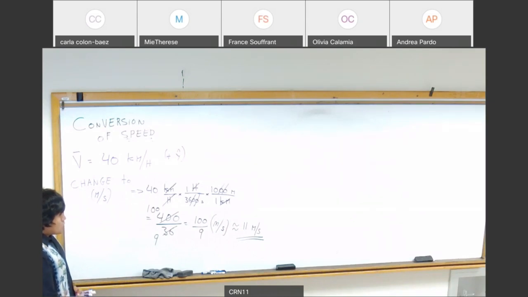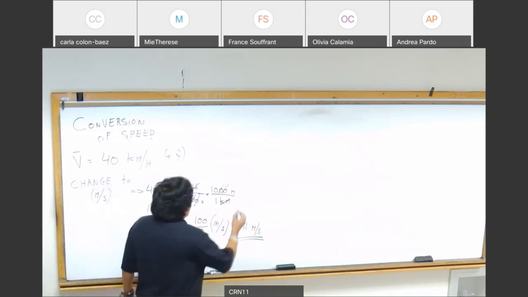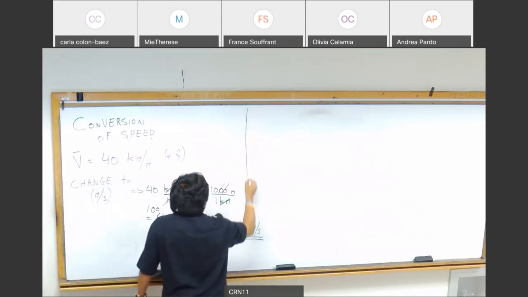All right. So that's how you go. Those are the unit multipliers to change the speed from kilometers per hour to meters per second. Now, let's see the factor that we have to use.